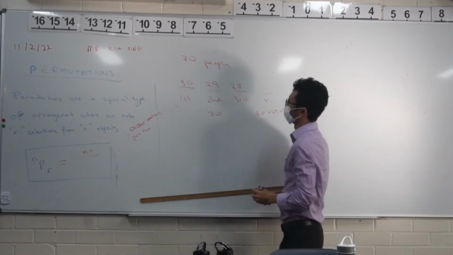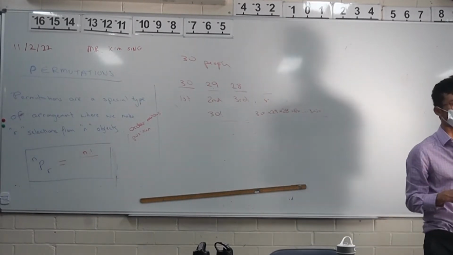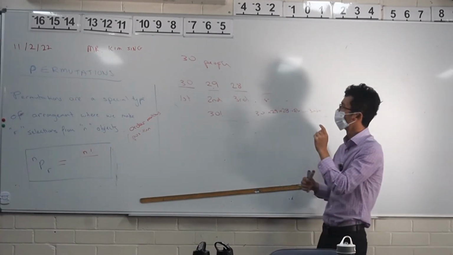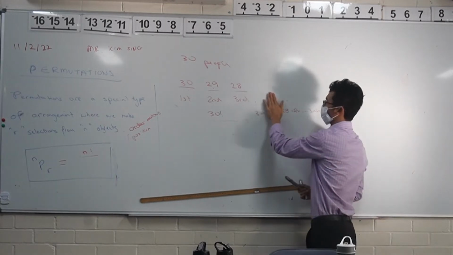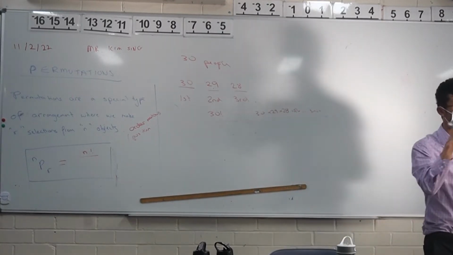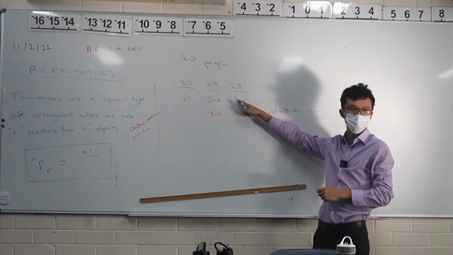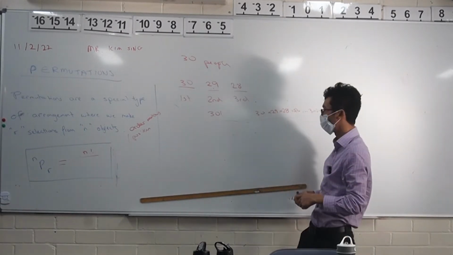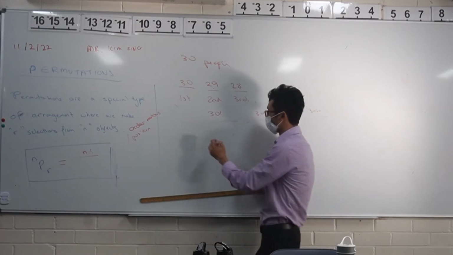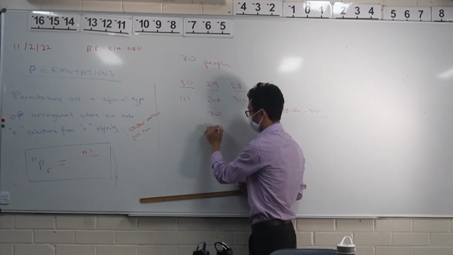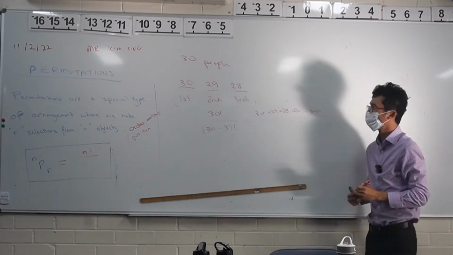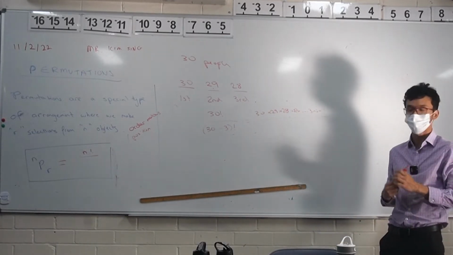But in our situation, we don't want 30 factorial. What value do we want to go down to? 28 in this case, right? And why is that? Because we're only interested in 3 people, in 3 selections. Would you agree? That's your r value, so to speak. And so really what you're doing is 30 factorial divided by (30 minus 3) factorial.